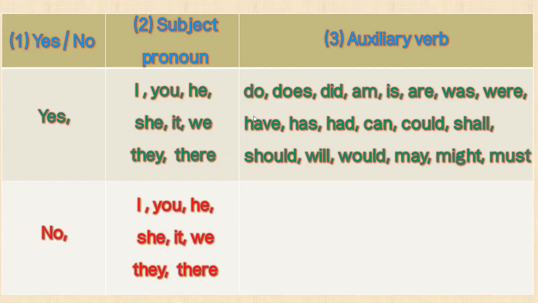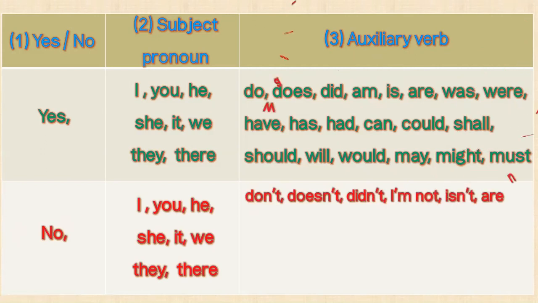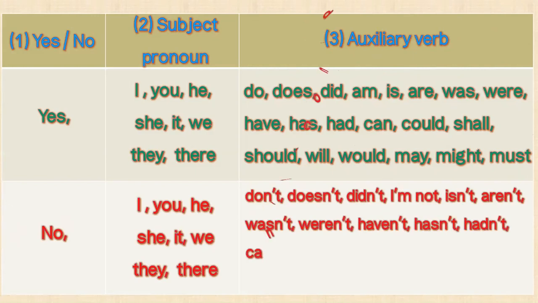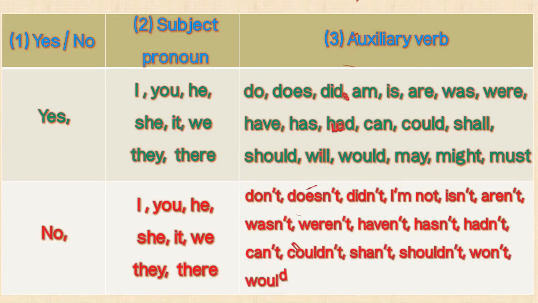Do changes into don't, right? Doesn't, didn't, excellent, and so on. Okay, guys, so this table teaches you how to form a correct short answer. You need to choose one of yes or no, plus one of the pronouns, I or you or he or she and so on, plus one of the auxiliary verbs.